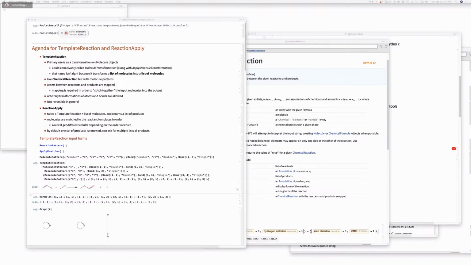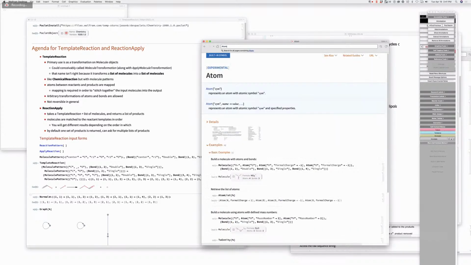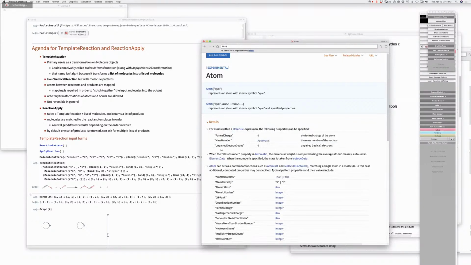Wait a minute. What else is in atom? What other stuff is inside atom? So atom, the first argument is your atomic symbol, or the blank here, and then you list rules. You can tell it the formal charge, mass number, electron count. Those are strings.